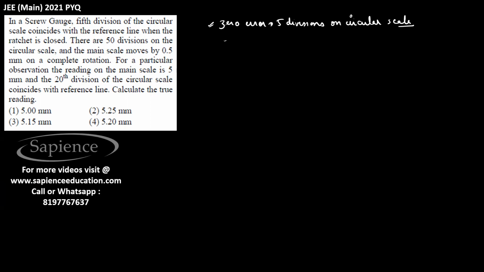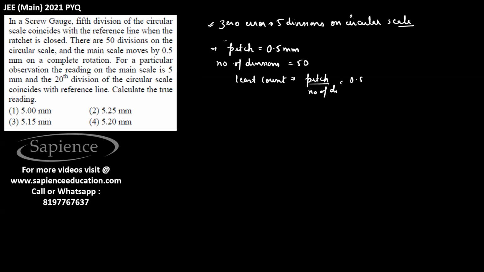Other things given are that there are 50 divisions on the circular scale, and the main scale moves by this much on a complete rotation. The distance covered by the main scale in a complete rotation is called the pitch, and the pitch is given as 0.5 mm, with 50 divisions in total. So the least count is equal to the pitch divided by the number of divisions, which is 0.5 mm divided by 50.